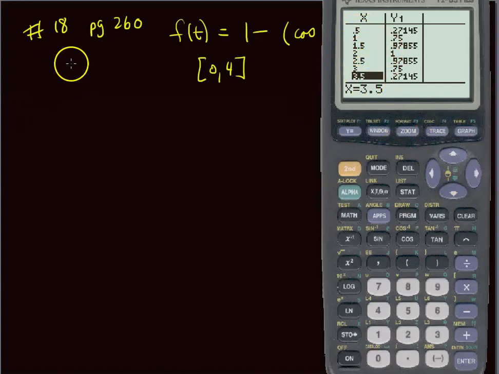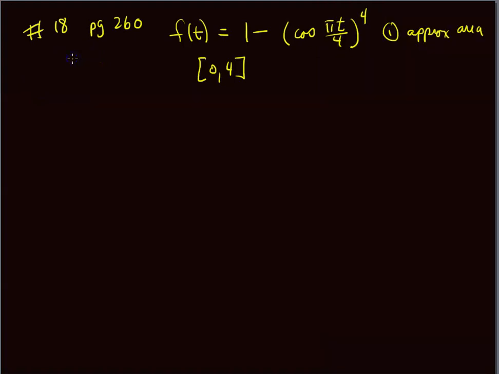Write those down. Now when I click on this screen to write it down, I'm going to lose that, but I've already got it written down. You should be able to get to that. They are 0.5, 1.5, 2.5, and 3.5.